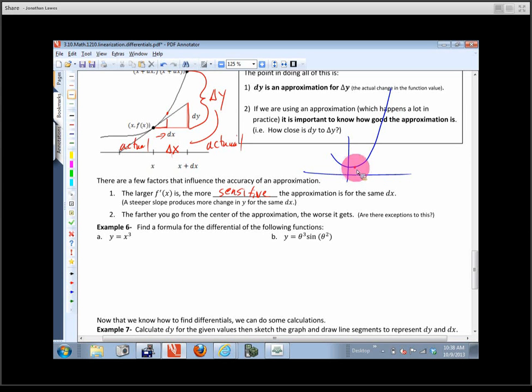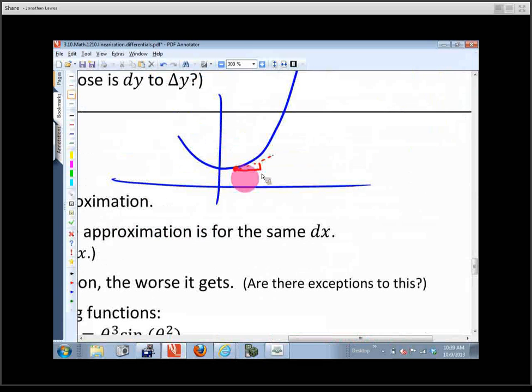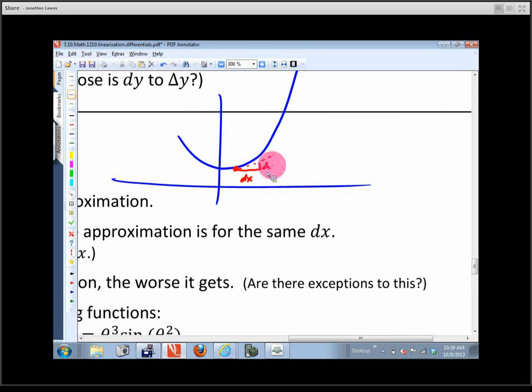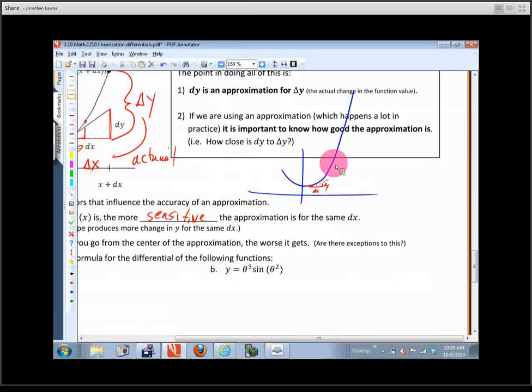Let's say that I use a delta x that's about this big, and to my eyeball it looks like we'd have a delta y that's like that big. Let me blow this up just a little bit. If this is dx, this would be dy. Very small slope. dx is this big, very small dy. What if I change this and now I've got delta x right here?